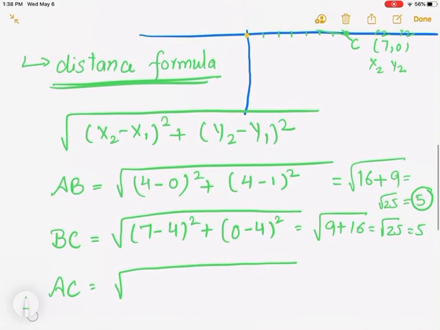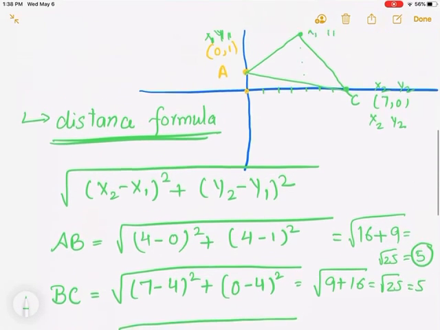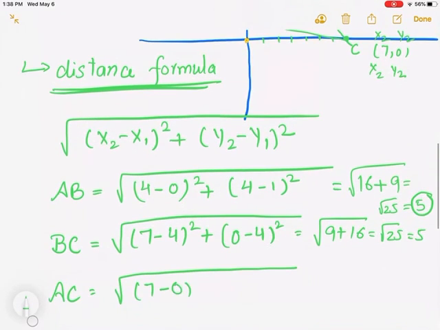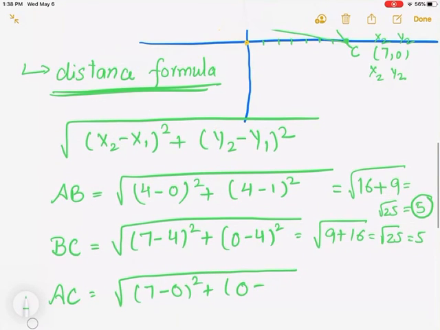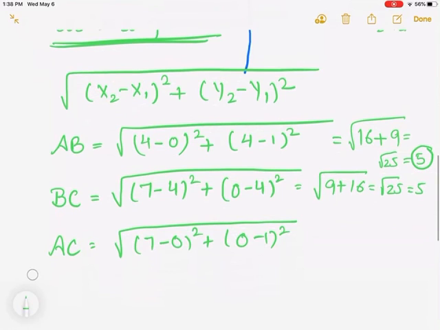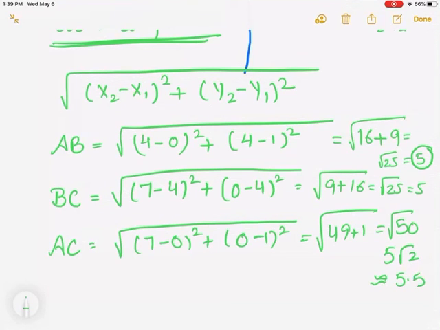So it's 7 minus 0, and I have 0 minus 1, squared. Simplify. 7 squared is 49, 1 squared is 1, square root of 50. You can simplify if you want, 5 radical 2, which I can estimate as 5.5, pretend.